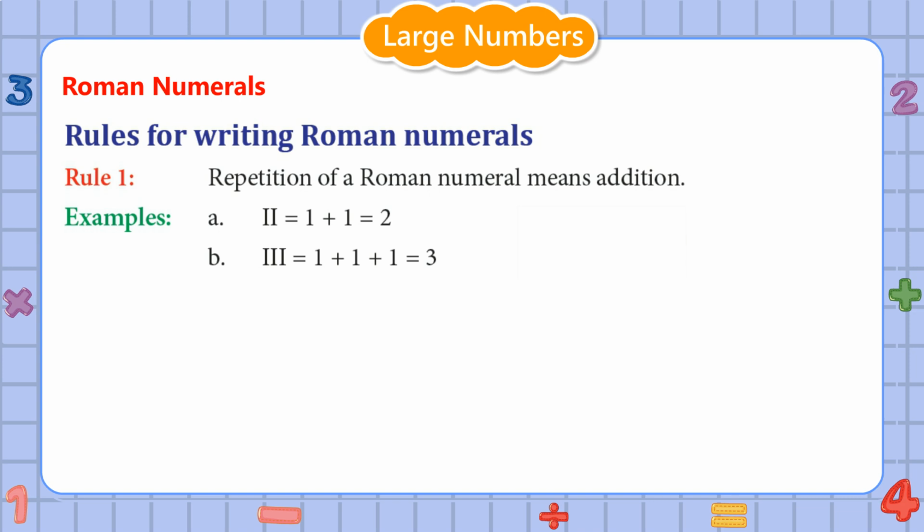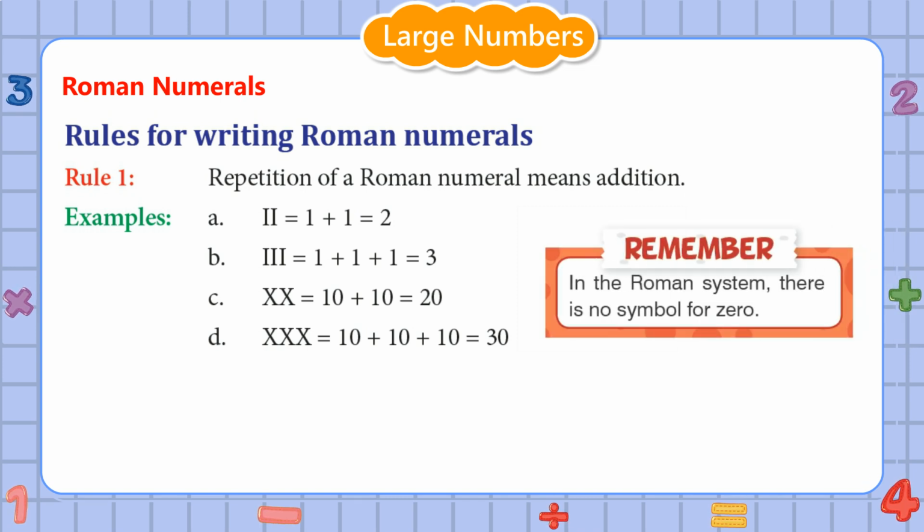B. III is equal to 1 plus 1 plus 1 is equal to 3. C. XX is equal to 10 plus 10 is equal to 20. D. XXX is equal to 10 plus 10 plus 10 is equal to 30.